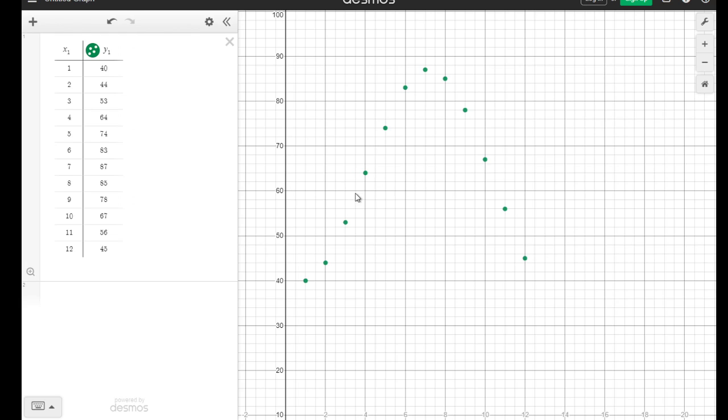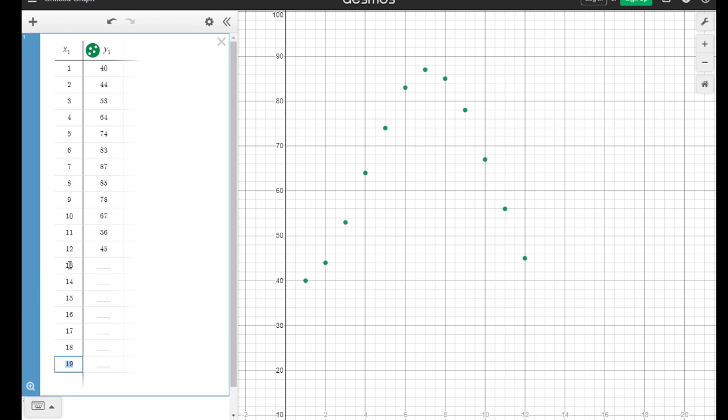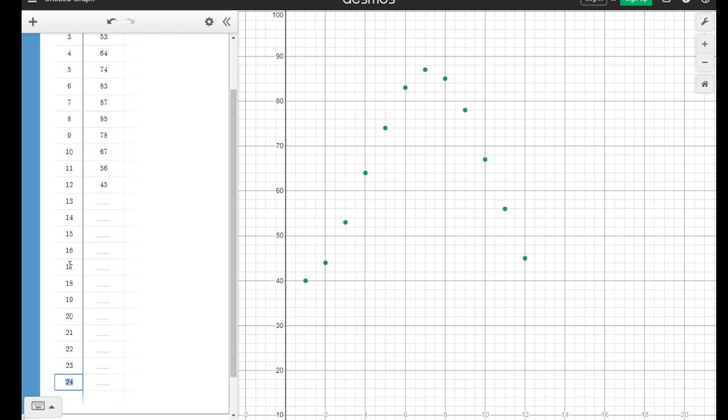Perhaps I should find my midline to see where this curve starts, right? Because remember on the other one they took this and they copied it and put it. I could do that. Go down to 24. And now I'm just copying those values again so that I get the other points that are on there. I don't know, this seems like it might be the smartest thing to do.